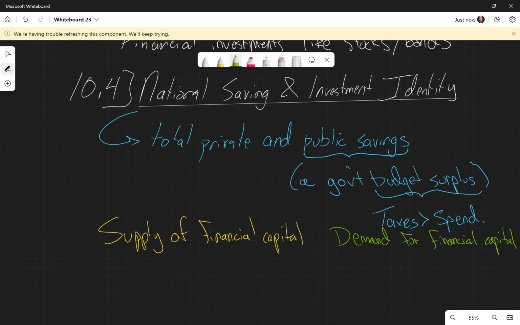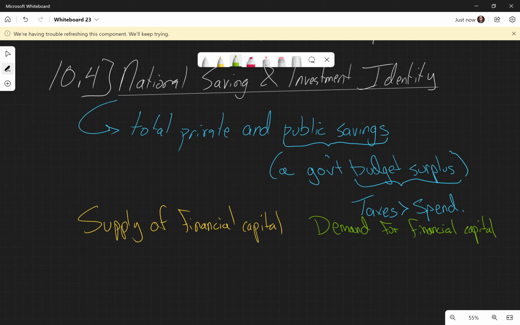And again, when we're talking about capital here, we're talking about resources used for production, right? So that's also just a thing to keep in mind as we're discussing.